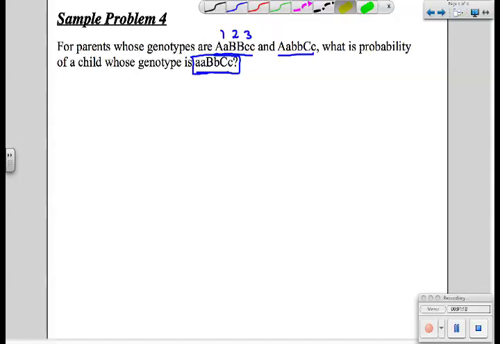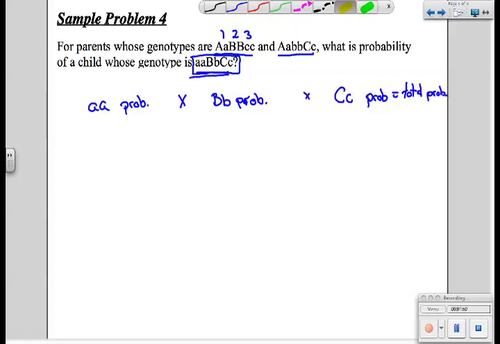So we'll take the probability of the desired A trait, so lowercase a, and we'll multiply that by the desired genotype for the B's, big B, little b, multiplied by the probability of ending up with that heterozygous C combination. This product will give us the total probability for the desired offspring.